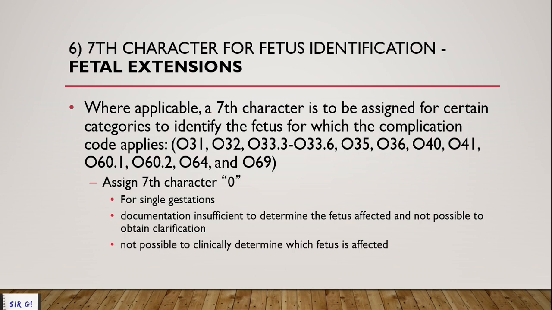Because, for example, in twins, only baby 1 is affected and not baby 2. Sir, how would I know who's being affected? They will always document who's baby 1 and baby 2 there. Okay, because the provider should always know who is baby 1 and who is baby 2.